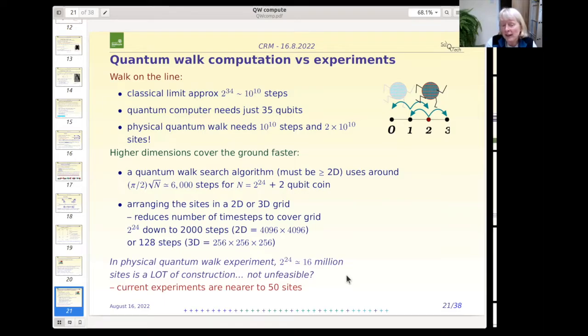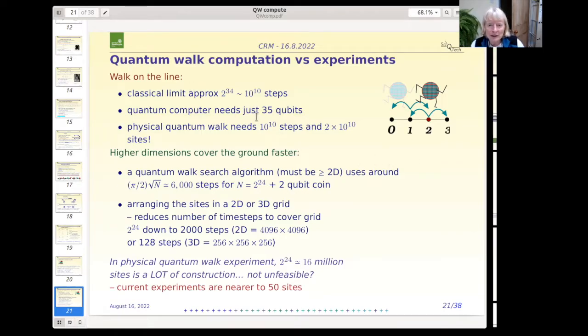You could laser write that into the kind of silica glass that they use for waveguides. However, current experiments are more like 50 to 100 sites. So we're not even within striking distance of a physical quantum walk being anything like the numbers that we can just simulate easily on a laptop. So this is why the encoding matters.